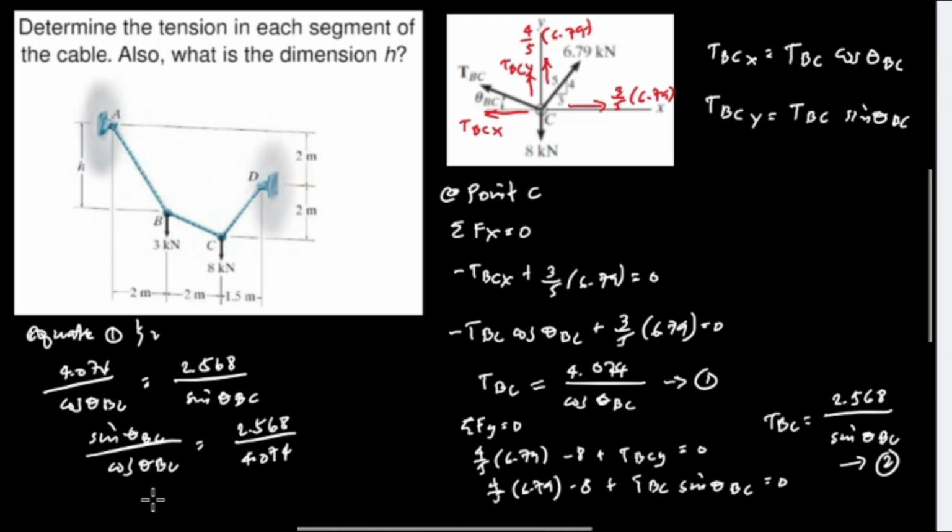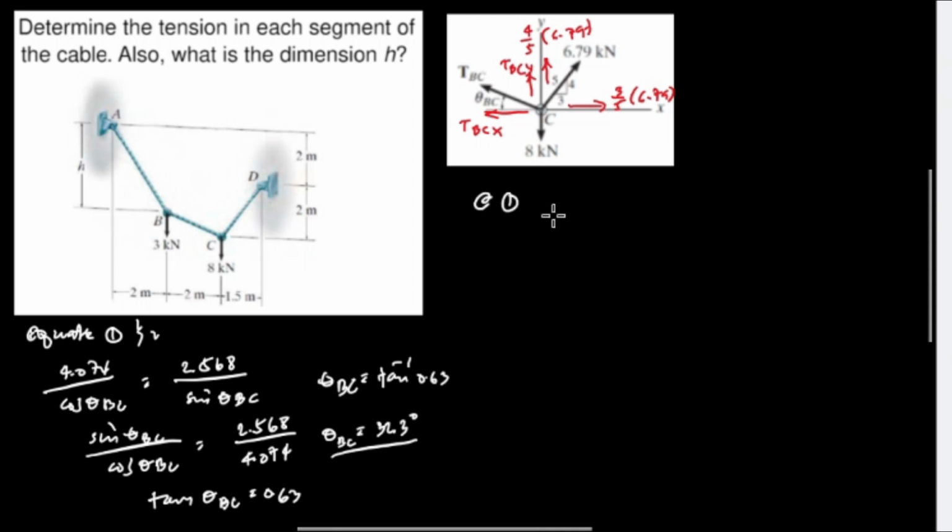Sine over cosine is tangent theta BC, and that is equivalent to 0.63. Theta BC is equal to inverse tangent of 0.63, or theta BC is equivalent to 32.3 degrees. So that's angle BC.